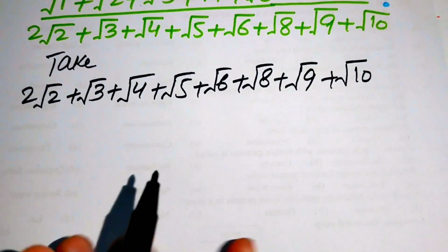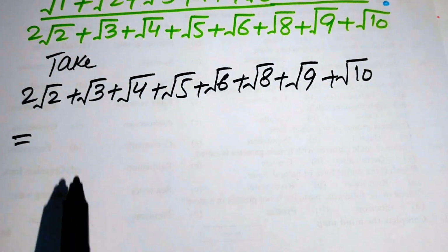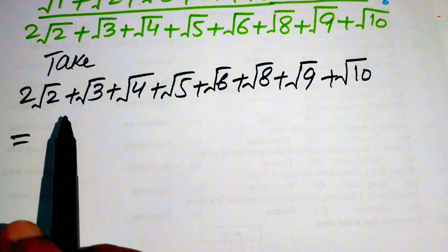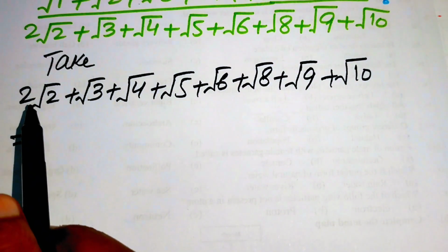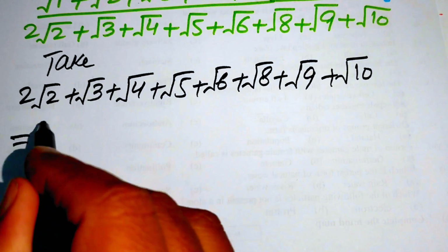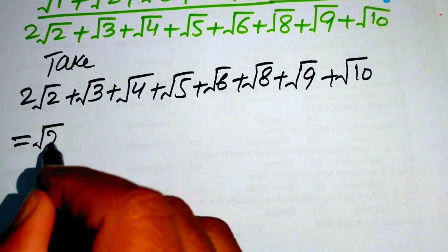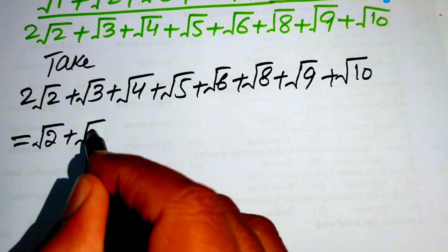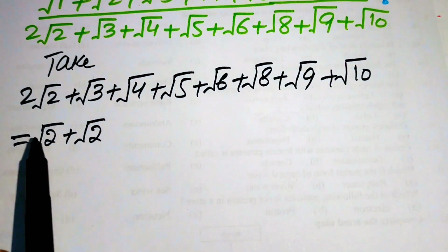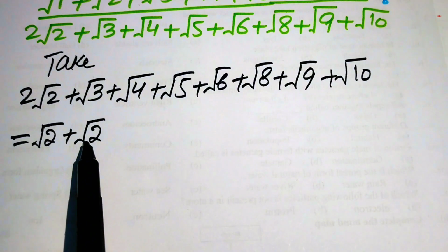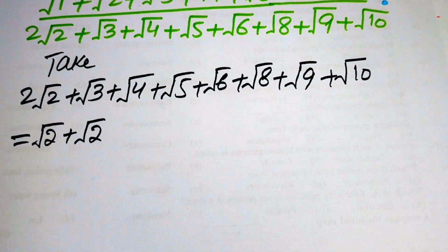Now first we will write this 2 times square root of 2 as square root of 2 plus square root of 2. You know that when we add square root of 2 and square root of 2, you get 2 times square root of 2.